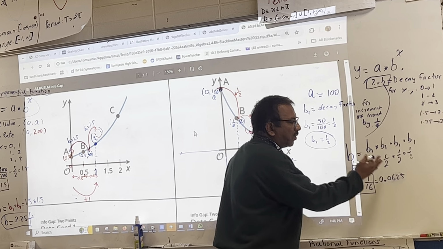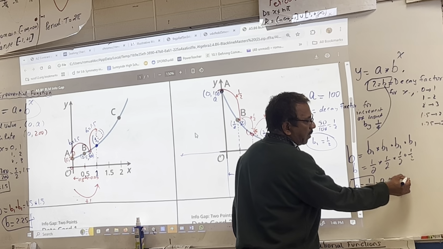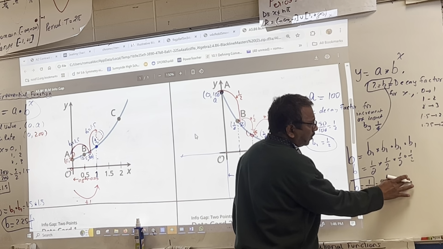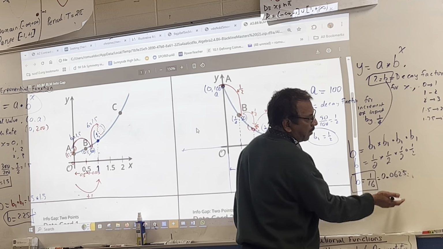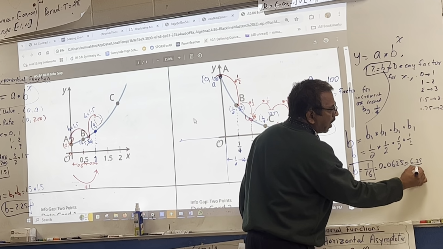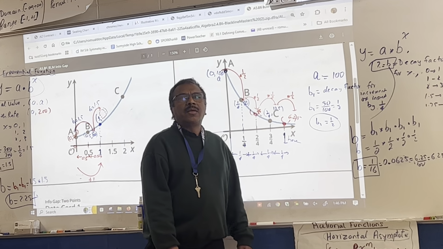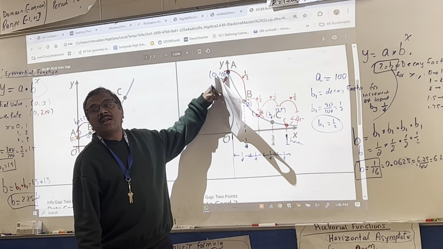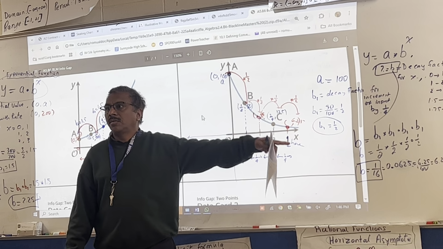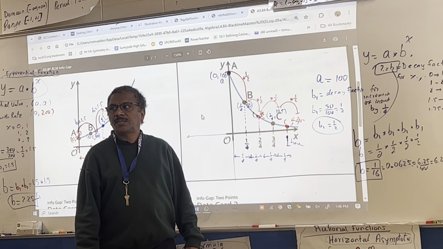What this basically means, of course, this is what we are going to take. I'm going a little beyond so that you really understand what's happening here. If you multiply by 100 and divide by 100, this is 6.25 over 100, which is 6.25%. So it means from the beginning, 100, in 1 hour, only 6.25% stays.